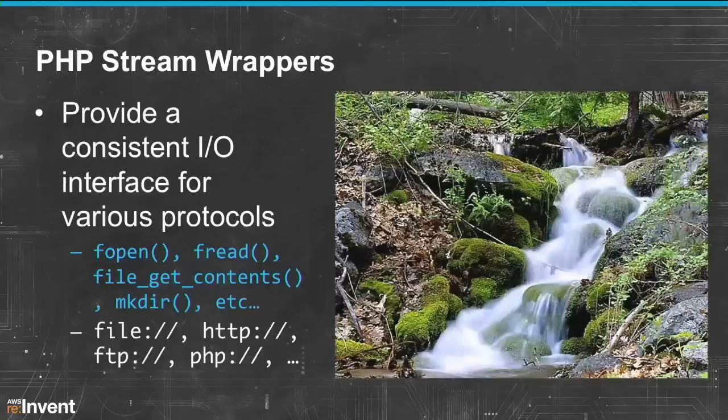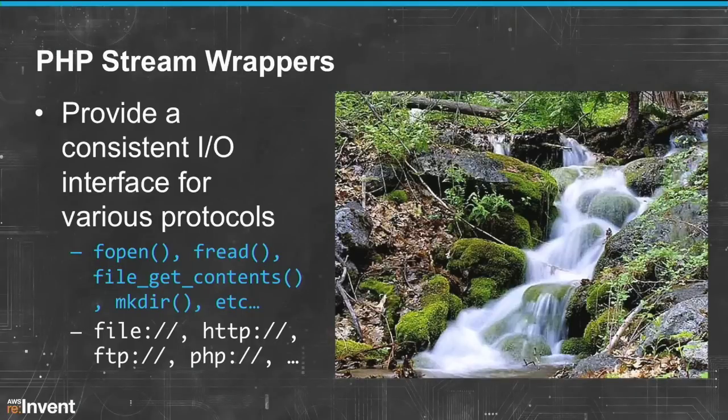So PHP actually has a built-in concept called Stream Wrapper. What this does is provide a consistent input-output interface for various file-like protocols. So you can use functions that you're probably already familiar with, like fopen, fread, file_get_contents, things like that. And these functions create resources, and then you can read bytes from these objects as needed.